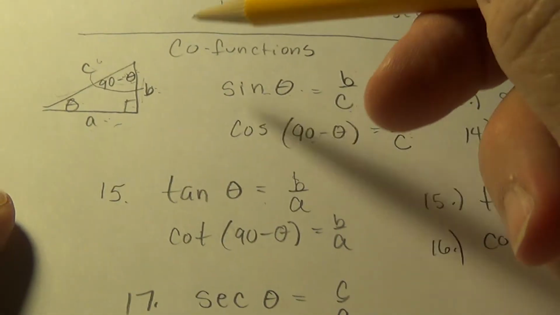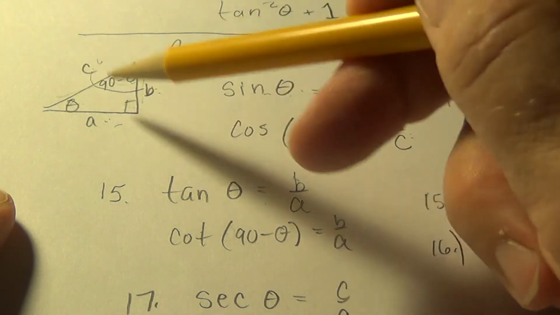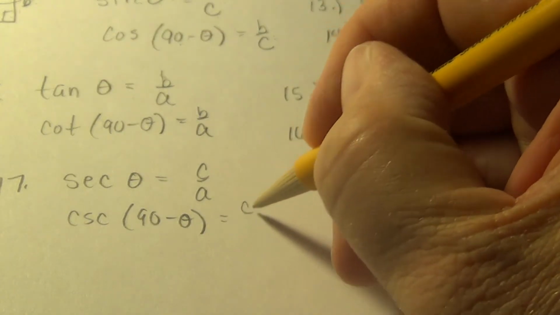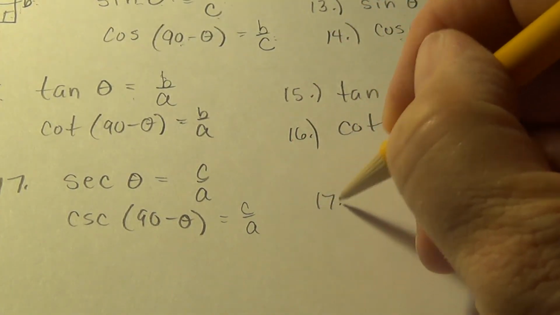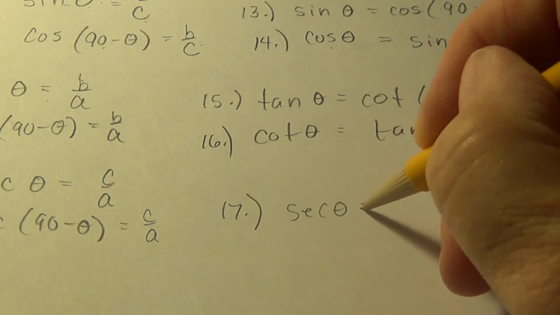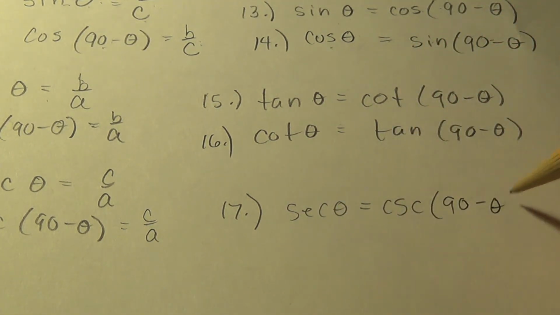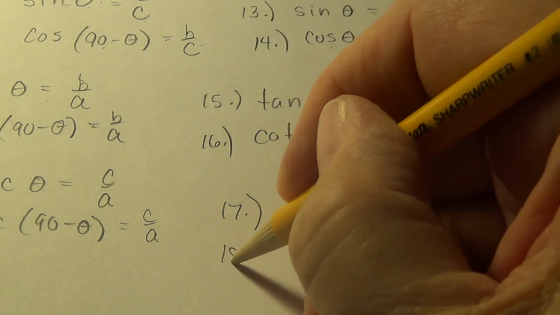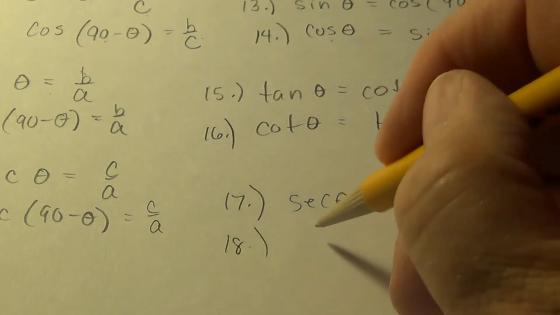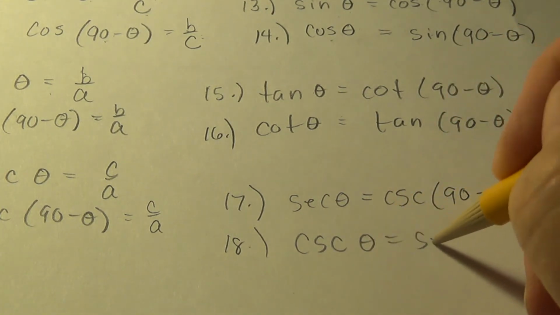So cosecant is, from this side, is hypotenuse over opposite, c over a. Voila. 17 is secant of theta equals cosecant of the other angle. All right, and 18 is going to be the other version. Cosecant of an angle is secant of the other angle.